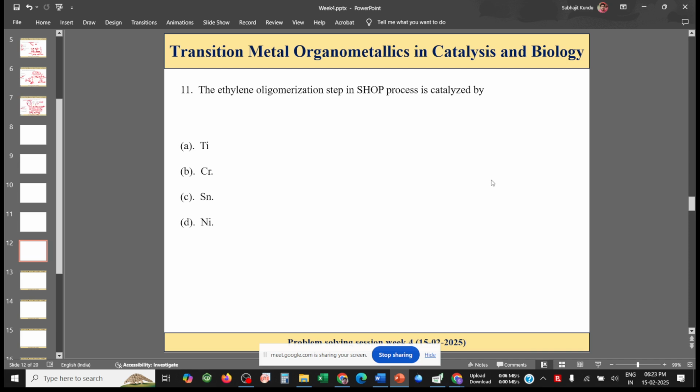So in the further portion we will see more and more applications of the transition metal organometallic complexes in the application part. And now currently we are reading the cross metathesis reaction.